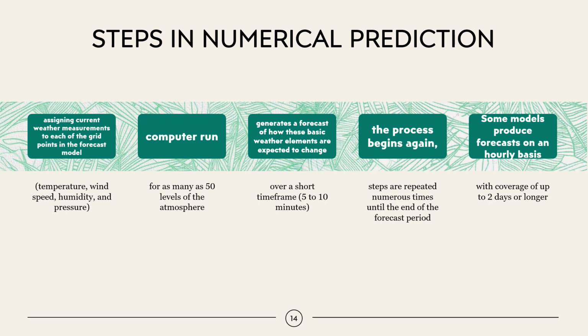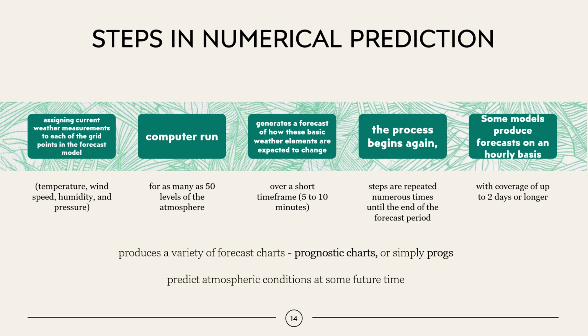These forecast charts are what we call prognostic charts, or simply progs. Because these machine-generated maps predict the atmospheric conditions at some future time, that's why they are called prognostic charts.